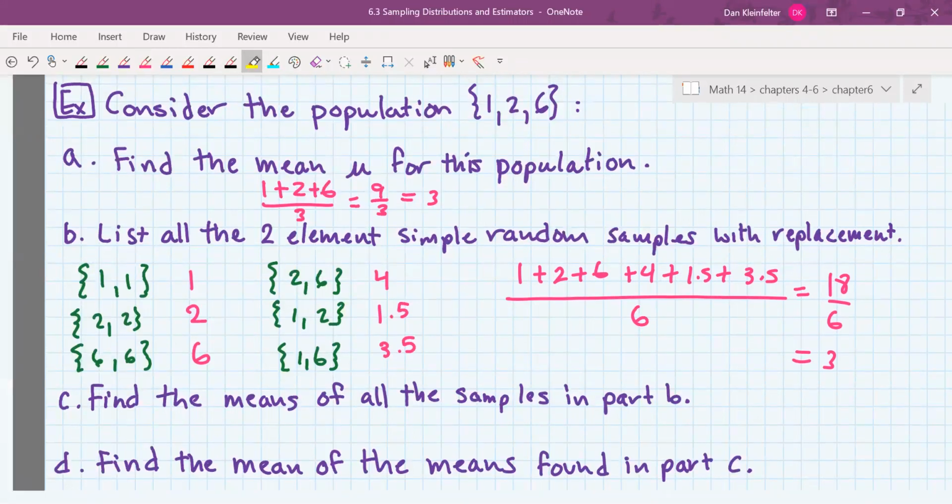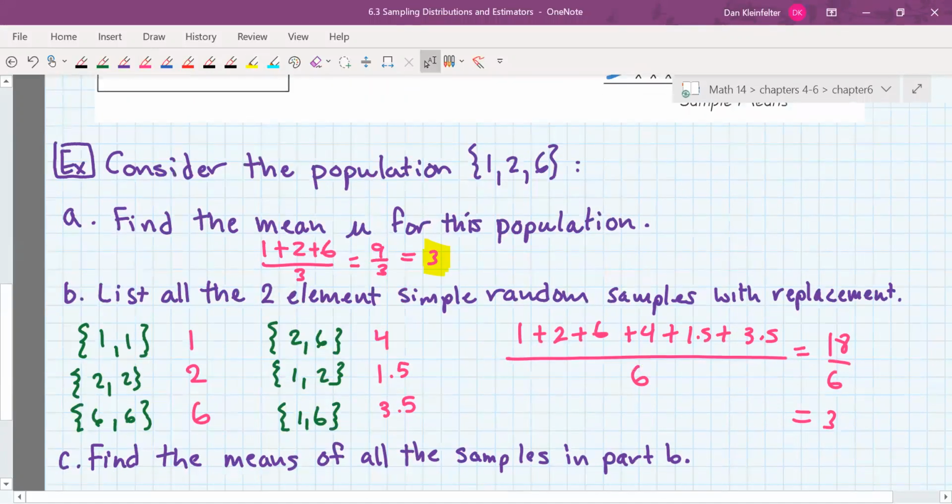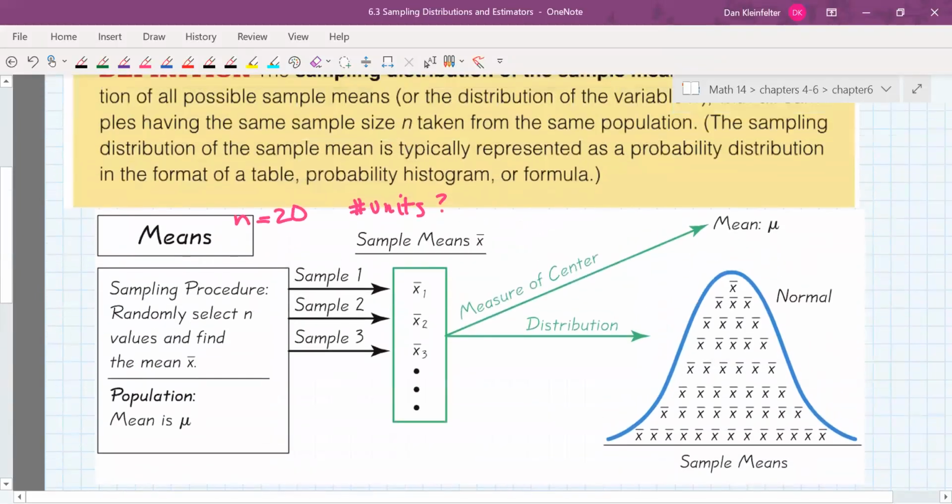And so you'll notice that the mean for the original population, which is 1, 2, and 6, worked out to be 3. The mean of all those sample means is also 3. That wasn't an accident. That's what it's saying here.